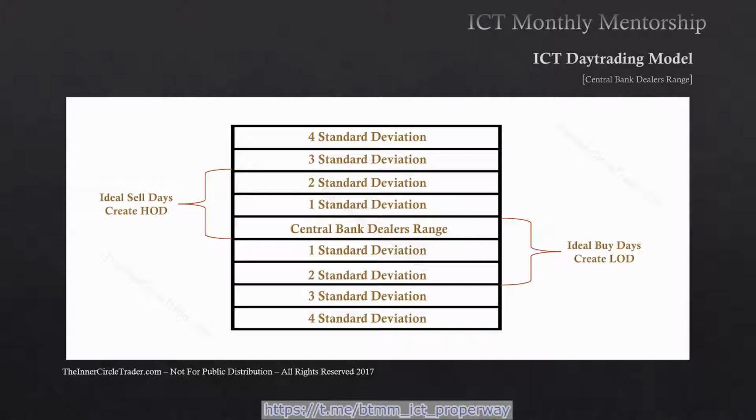Same thing is said on buy days. If it trades down to 4 standard deviations, usually it's going to be very high impactful news, or price can come down or go up to the 4th standard deviation to create a New York session market reversal profile.